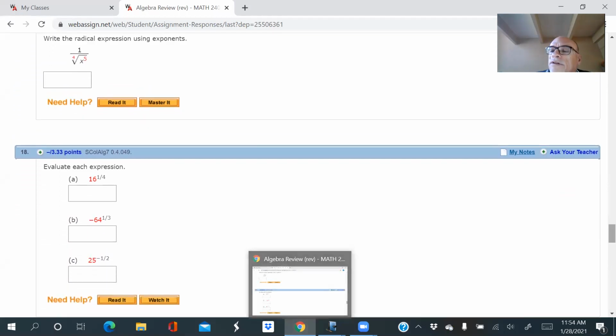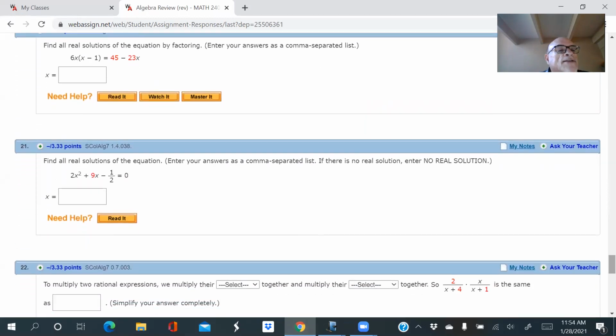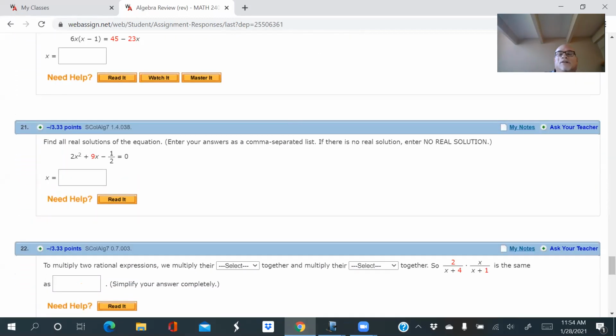One more here, kind of similar, I think, is number 21. Oh, no, this is different. Okay. So it also looked like this problem number 21 was causing y'all to have multiple attempts. And this is solving a quadratic equation.